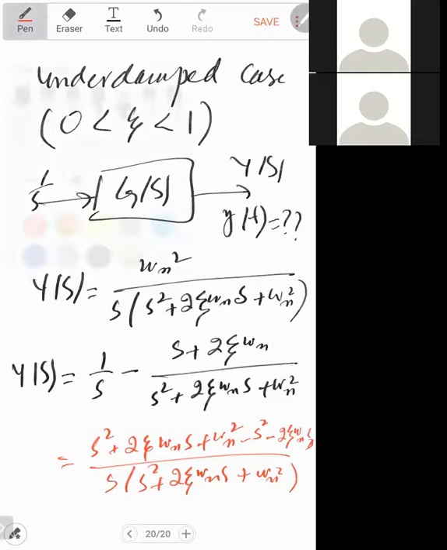Then you can cross this with this one, and finally you are left with omega n square divided by this one, which is the original function over here.